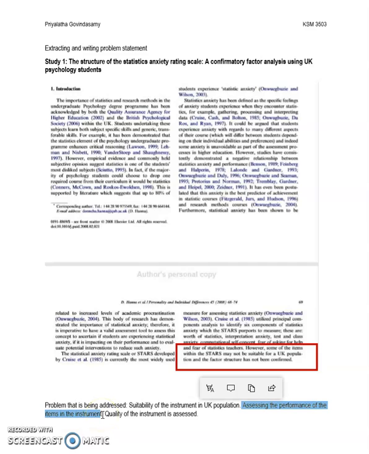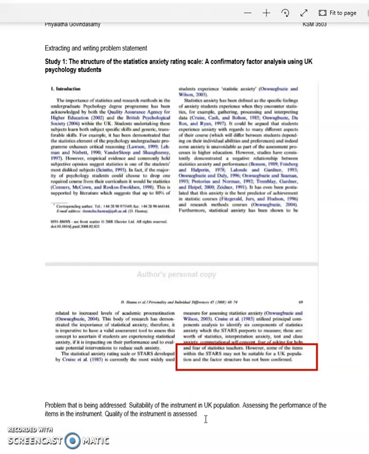So how good is the instrument in the UK population? And when they are asking how good the instrument is in the UK population, the bigger picture is that you are asking about the quality of the instrument.